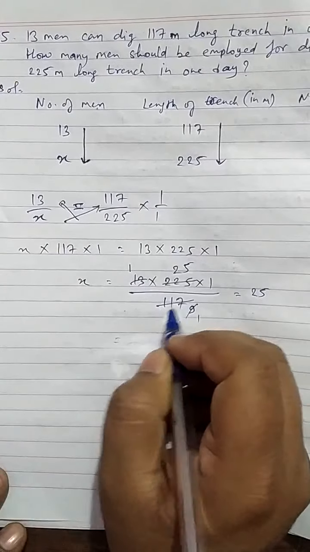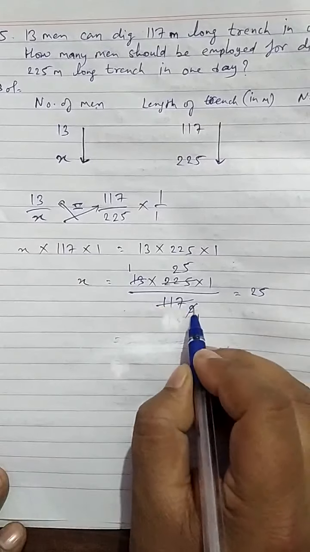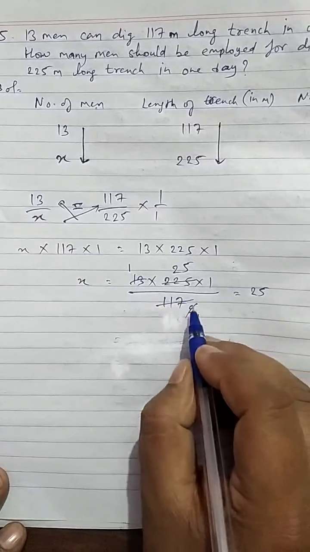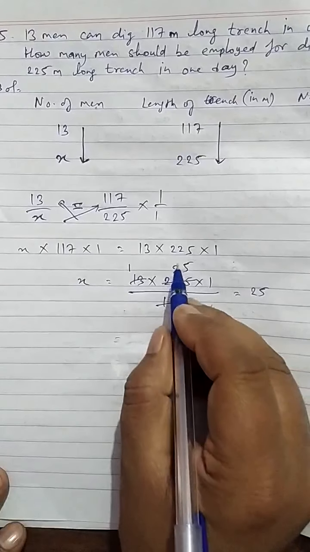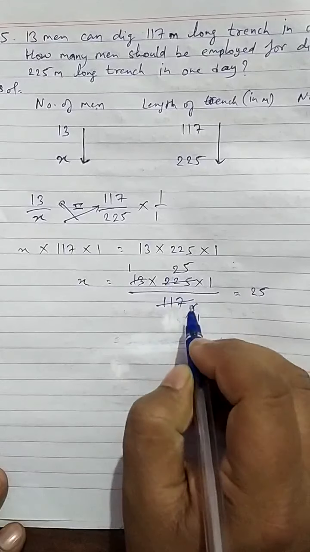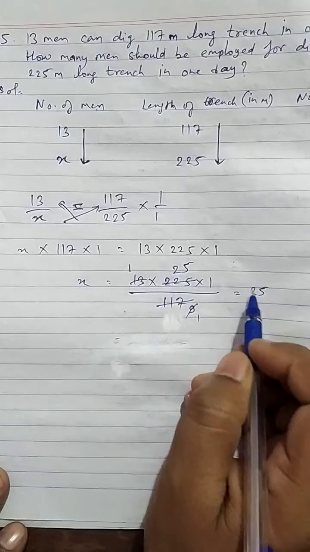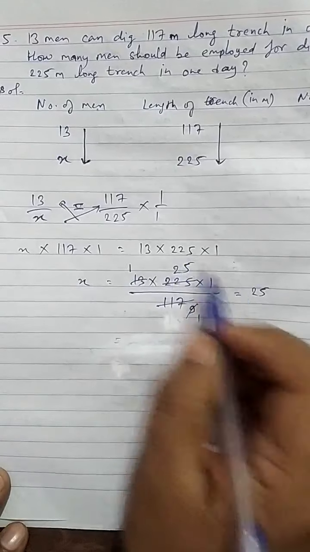Now cancellation is done like this: 13 1s are 13, 13 9s are 117, and 9 1s are 9, 9 2s are 18, 4 is left, becomes 45, and 9 5s are 45. Now we are left with 25, so this is 25 men.